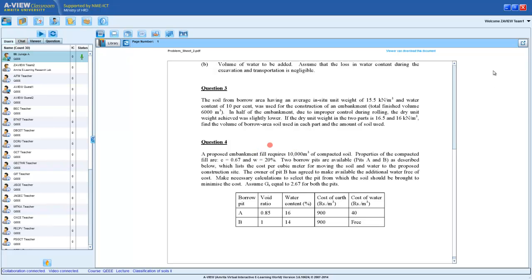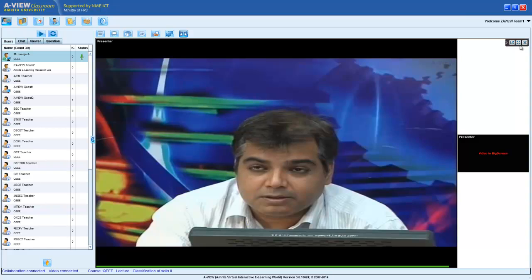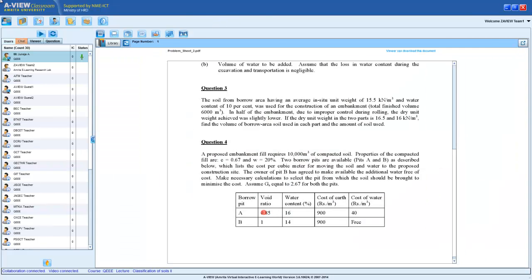This question 4 is interesting. It says there are two contractors, A and B. Both contractors want to sell the soil to you, and of course the soil exists at some density at the site. So the void ratio at site is 0.85, water content, everything is given.